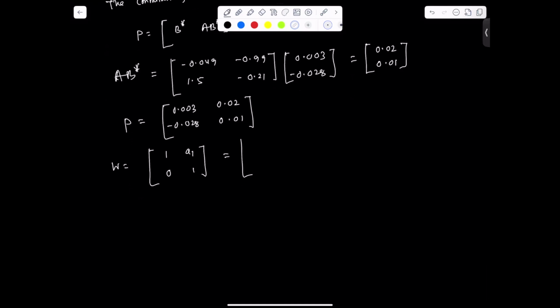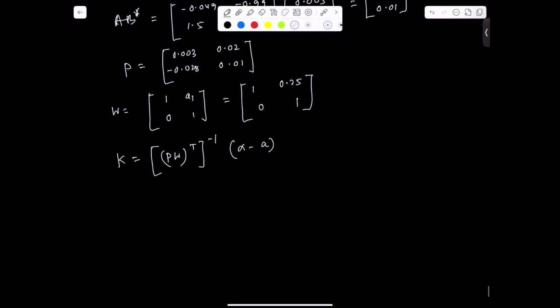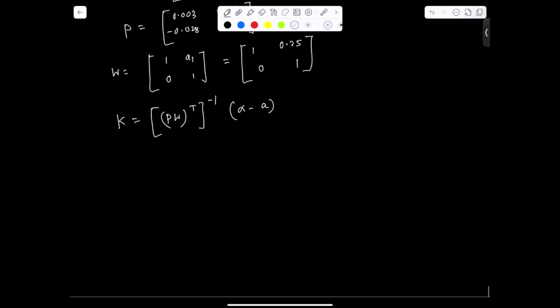So we have 1 here, 0.25 and 0, 1. And simply you can use the formula K equal to P W transpose whole inverse, alpha minus A. Right.